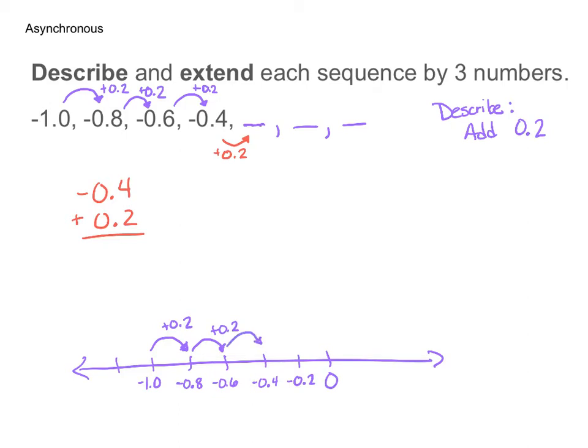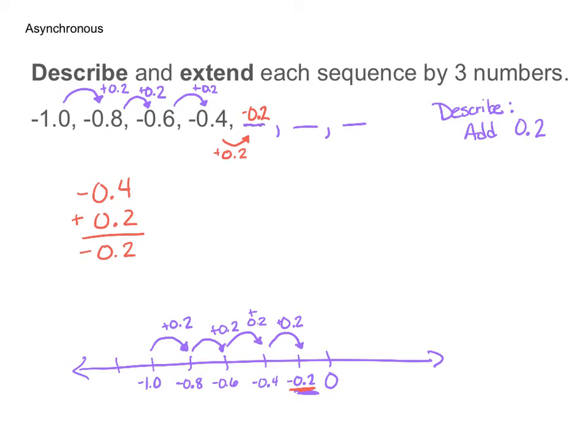Here we are at negative 0.4, and we're going to go to negative 0.2. Okay, so you can see that on the number line, this is what we get here. So I'm going to put negative 0.2 is where we end up.